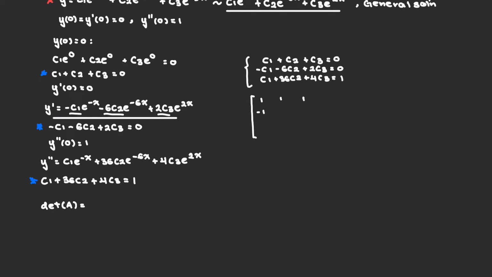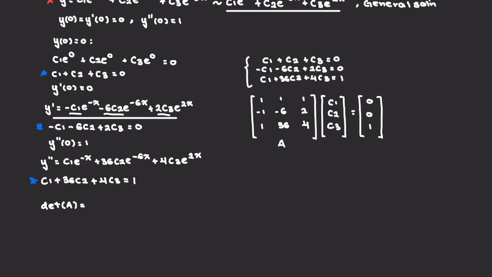This negative 1, negative 6, 2, and this is just 1, 36, 4, and our unknowns are C1, C2, and C3, and our corresponding right hand side vector will just be 0, 0, 1. Okay, so this is our A, and this is going to be our unknowns here. So we're gonna try to find our C1, C2, and C3.